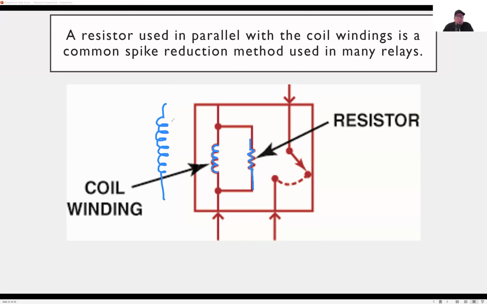So the coil represents the winding of the relay, whether it looks like little hills or a circle wind. It's called a coil winding. Those are the symbols we're going to be looking at to identify and draw relays.